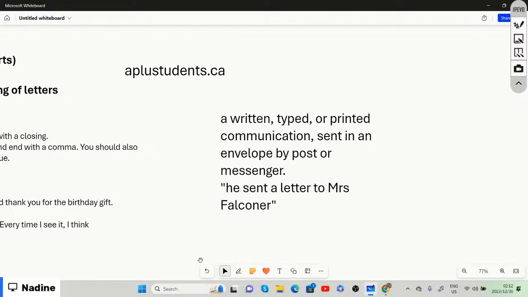When it comes to letters, letters can be either a written or a printed way of communication.